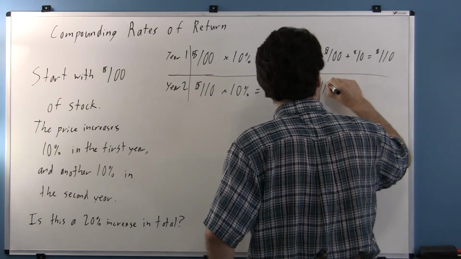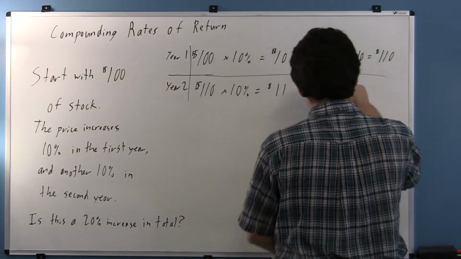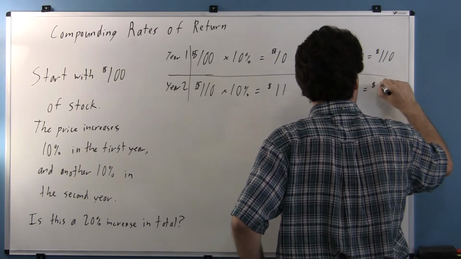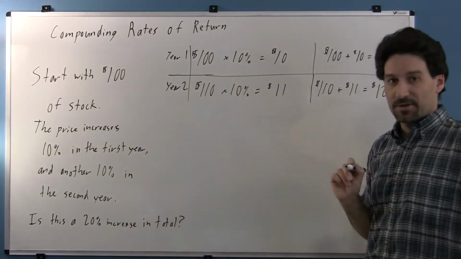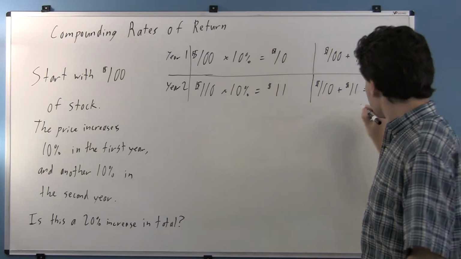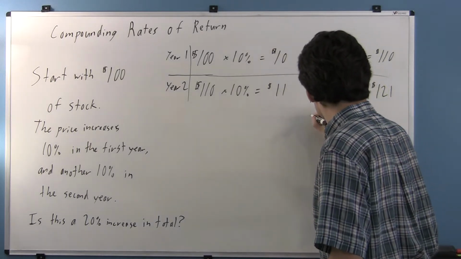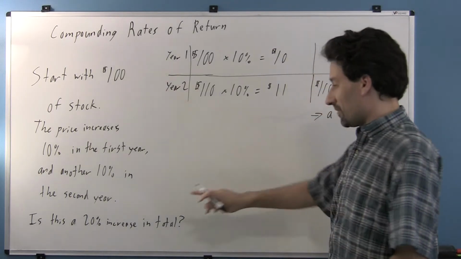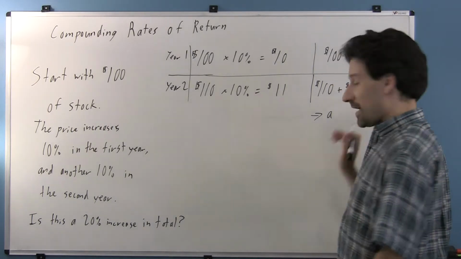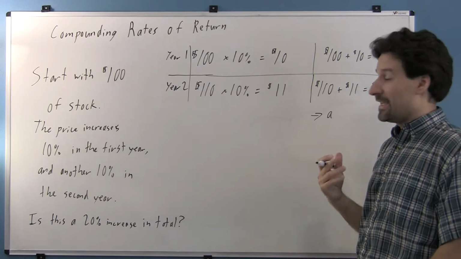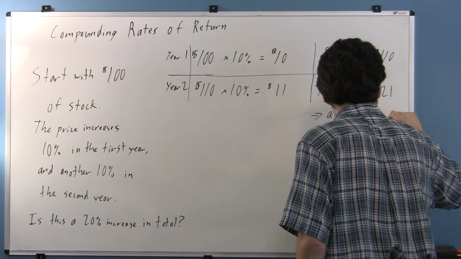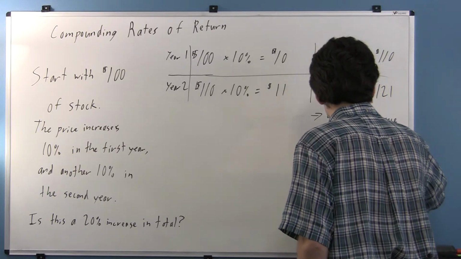So $110 plus another $11 gets us $121 total at the end of the second year. And 20% of $100 is just $20, but we have $21 gained, so that's a 21% increase overall.